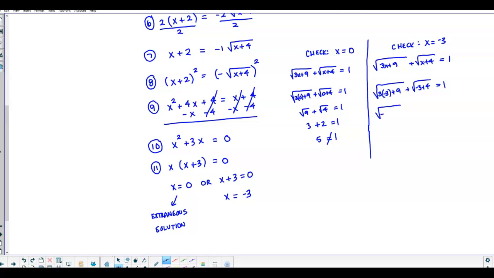Well, this gives us negative 9 plus 9, plus the square root of negative 3 plus 4 gives you 1. So this is the square root of 0 plus the square root of 1. Well, the square root of 0 is 0. Square root of 1 is 1. And 0 plus 1 is 1. So therefore that checks. So therefore the only solution to this problem is x is equal to negative 3.